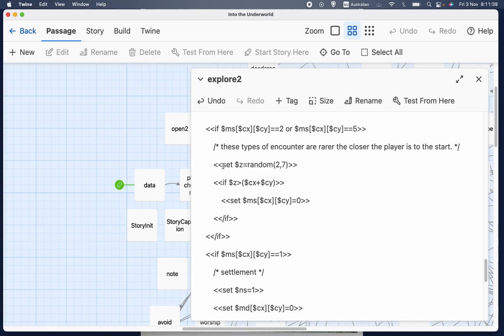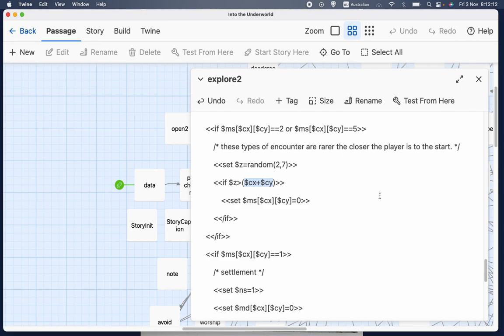So here's how I tried to do it. We create a random number between 2 and 7 using random(2, 7). And then we say if that number is greater than Cx plus Cy, because you're only exploring north, south, west and east, that's meant to be how many moves away from the start you are, right?